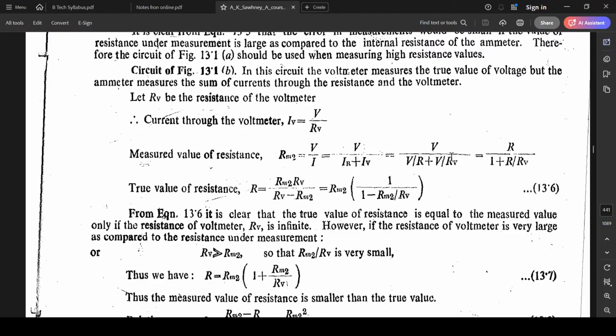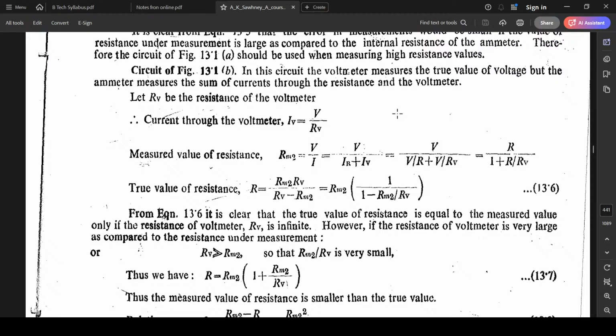So V upon R plus V upon RV, and you can take V common. So 1 upon R plus 1 upon RV, taking common, it will be RV plus R over R times RV, and RV will cancel out.